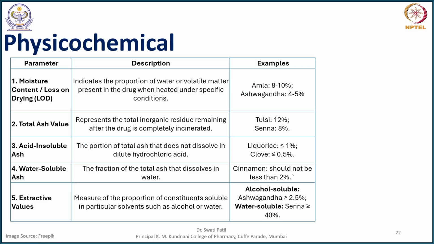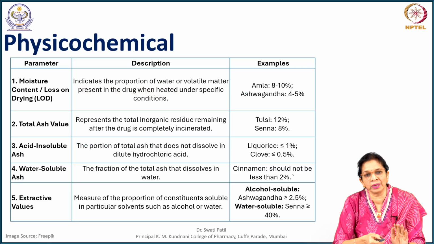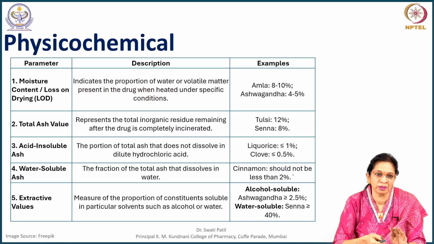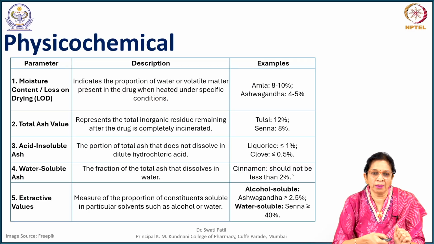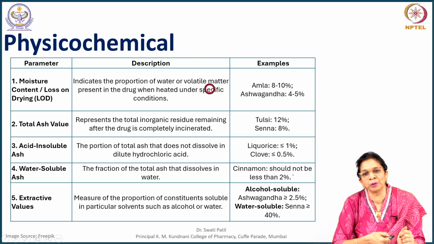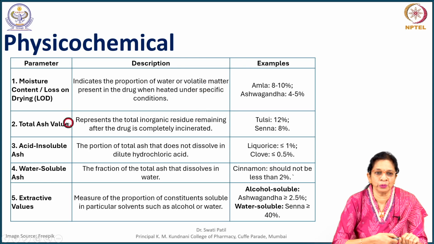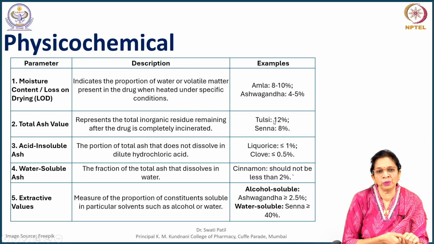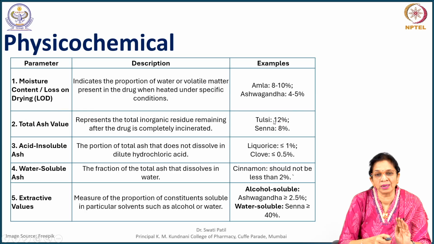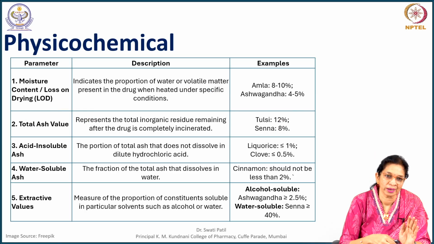Apart from macroscopic, microscopic, we can carry out physicochemical evaluation. Moisture content of a drug will help us identify whether the herb meets some standards or not. Total ash value tells us whether a drug is adulterated with inorganic ash.